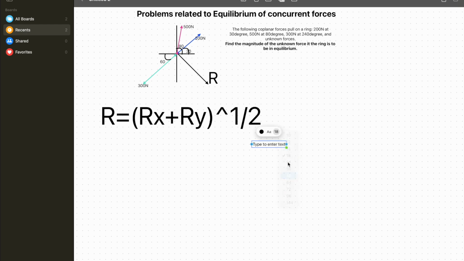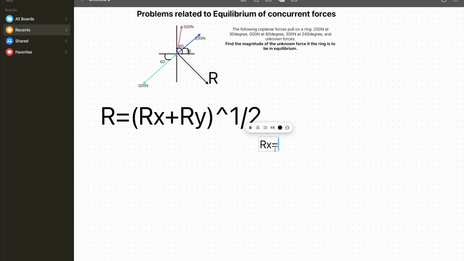The value of Rx should be the integration of the rest of the forces in the x direction, in respect of the x-axis.